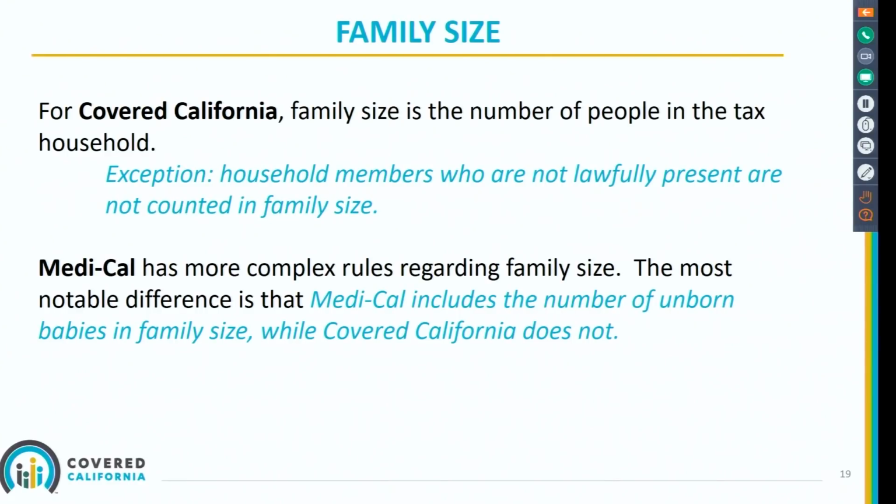But probably the most notable difference and the easiest to understand is that Medi-Cal includes the number of unborn babies in family size if anyone in the household is pregnant, while Covered California does not. And that can have really consequential differences when using the FPL chart to try to determine which program the family or that person will fall into.